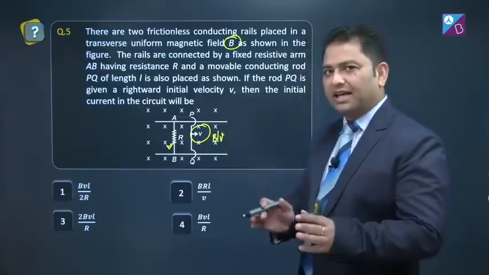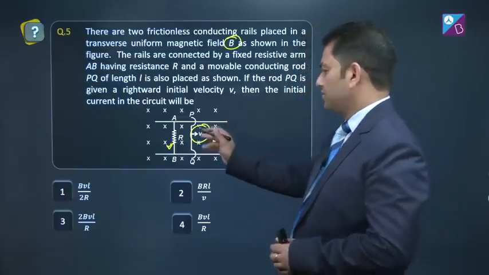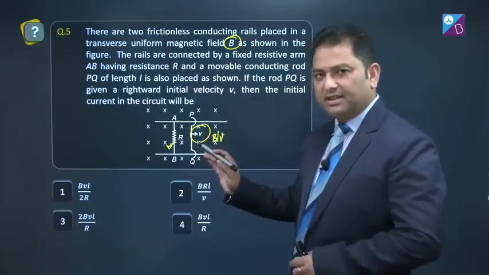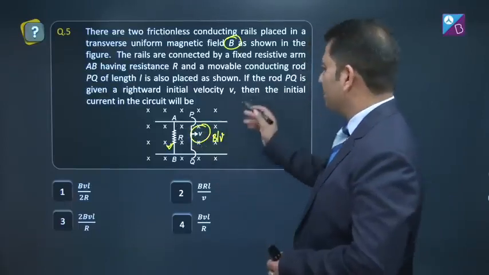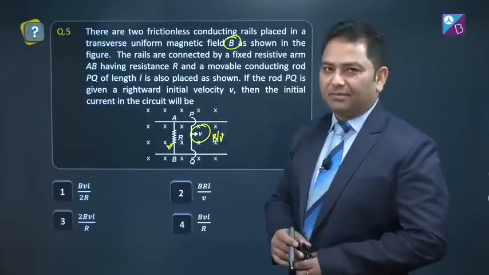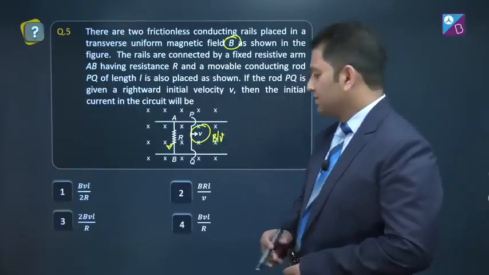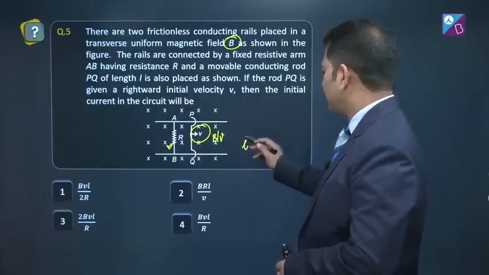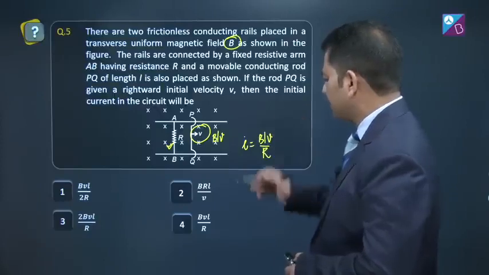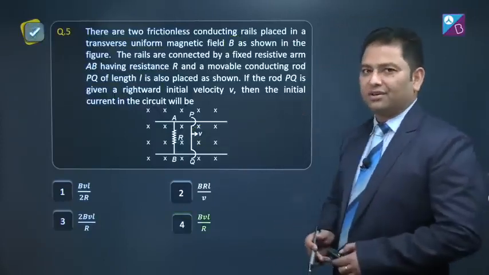This will change with time क्योंकि with passage of time this will face a resistive force, speed will decrease, but anyway हमें तो initial current के बारे में पूछा गया है. So for us the EMF will be BLV. So clearly the magnitude of the current is going to be BLV upon R, यानी कि option number 4.